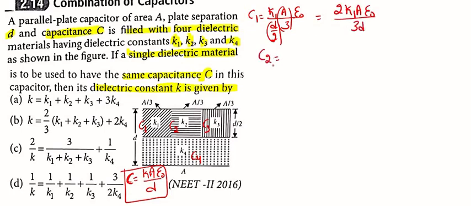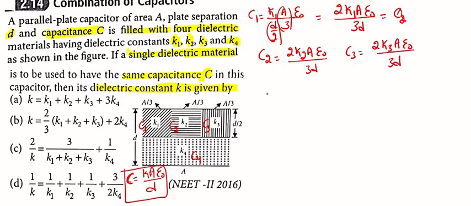Similarly, C2 has the same D by 2 and A by 3, so C2 is 2K2 A epsilon naught divided by 3D. C3 is equal to 2K3 A epsilon naught divided by 3D.